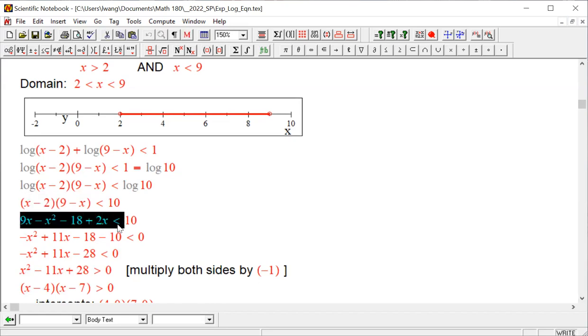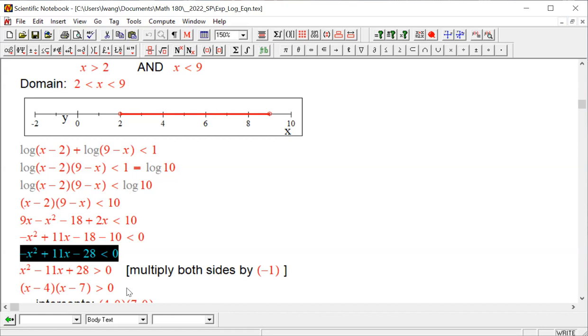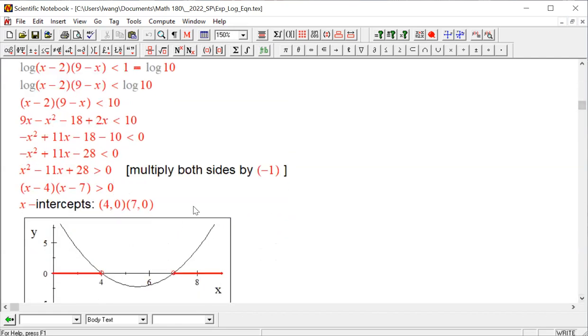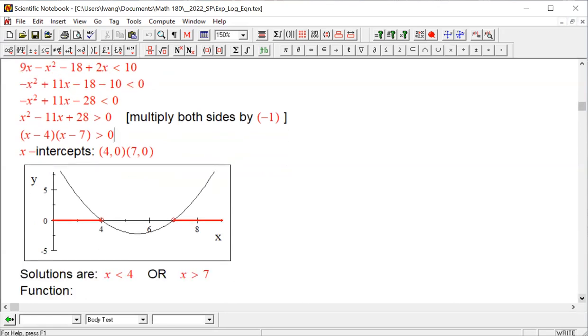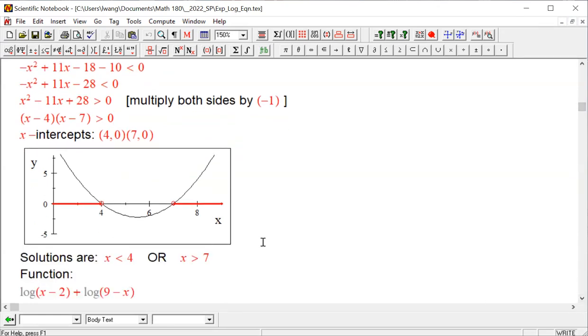FOIL, less than 10, combining like terms, and here we multiply both sides by -1. And we got x squared minus 11x plus 12 plus 28 larger than 0. Factor, we get a quadratic inequality again. We found the x-intercepts. Right here, the solution is less than 4 and or larger than 7. Okay, then the question is solved.